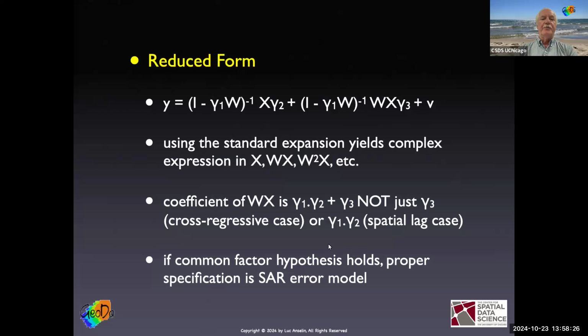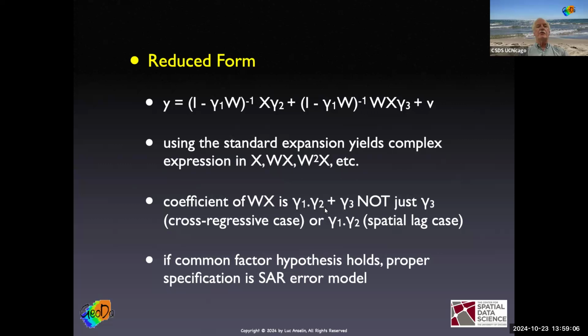So it's important to keep in mind, there's nothing wrong with the spatial Durbin model. There is something wrong with the interpretation. First of all, it's not true that there are two separate effects, a pure endogenous effect and a pure exogenous effect. The endogenous effect already has an exogenous effect in it because of the reduced form. And secondly, the interpretation of the spillovers, as we'll see later, is more complex because you have two parts to it.